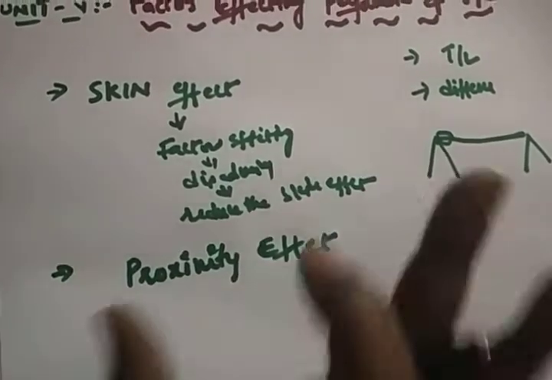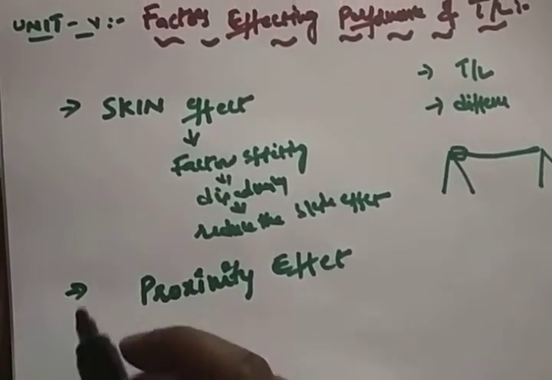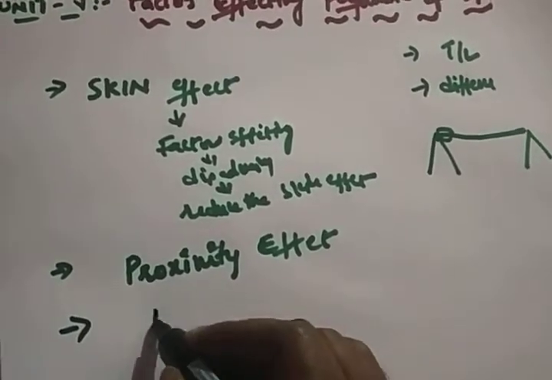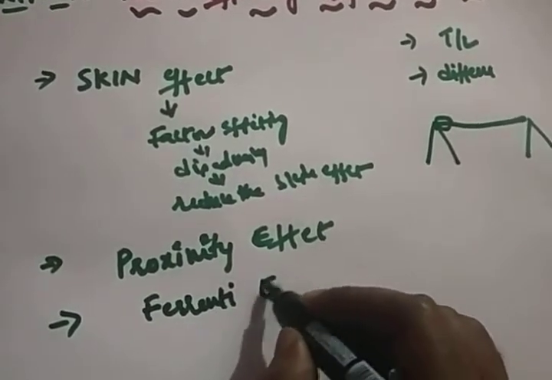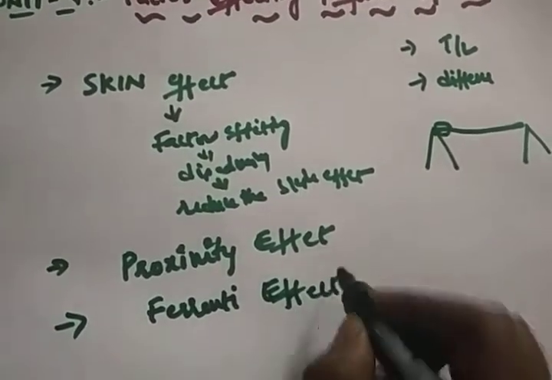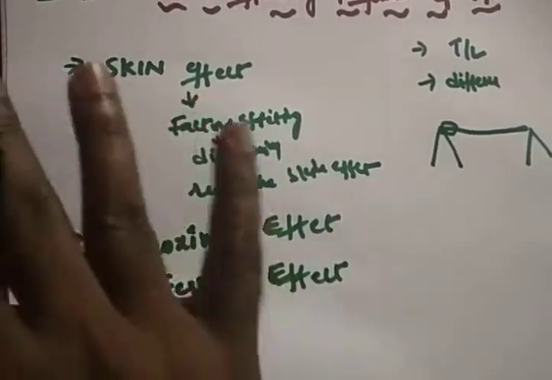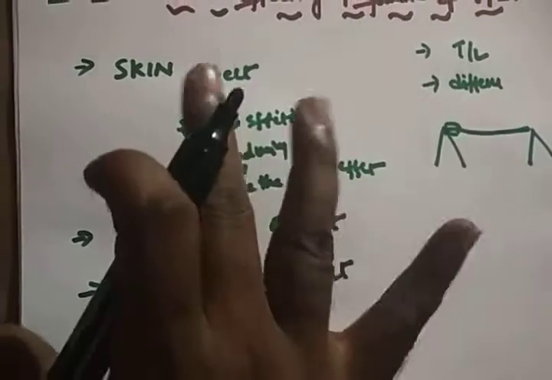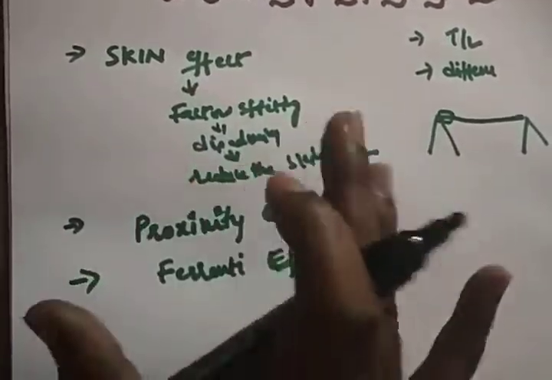Alright, let's discuss proximity effect. Next, Ferranti effect. What is Ferranti effect? When power is transferred from the sending end to the receiving end, how does the voltage change? These are the things we discuss under the concept of Ferranti effect.